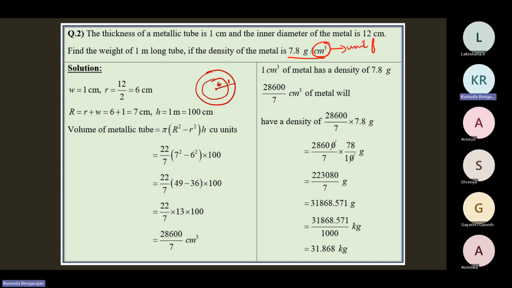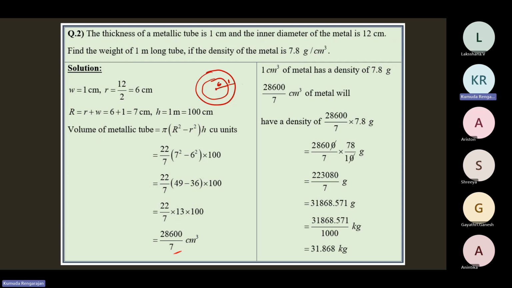If it is centimeter square, it is the unit for area. Centimeter cube is a unit for volume. That means here you'll have to find the volume of the metallic tube.